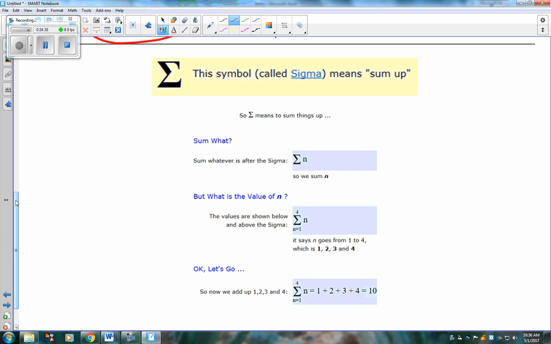Because we always use Greek letters. Sigma means to sum things up. The notation with sigma is when we add the terms together.